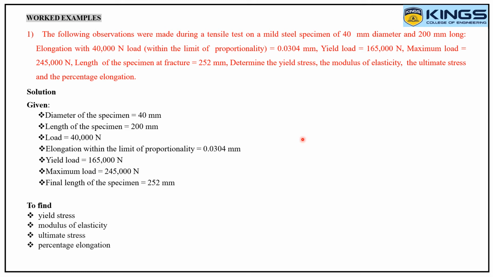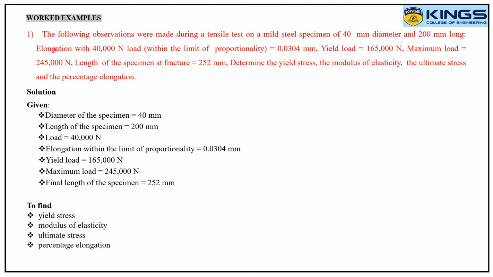So this is an example on this unit, stress, strain and deformation in solids. This problem combines all these parameters. This is an example for unit 1, strength of materials for mechanical engineers.